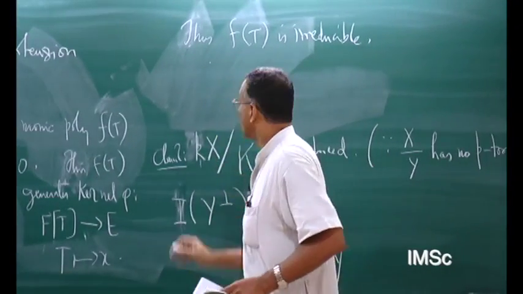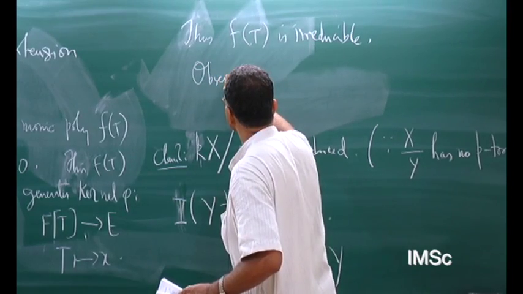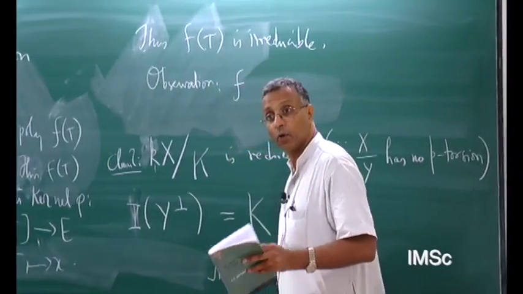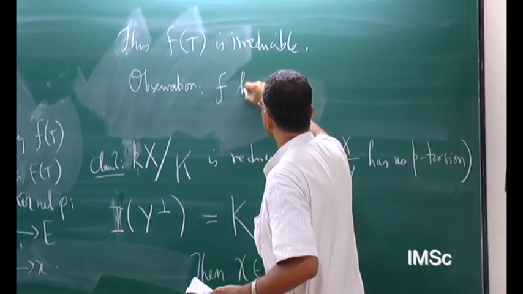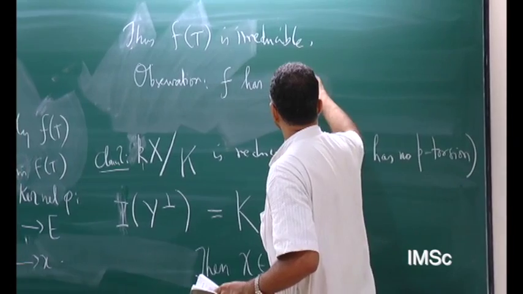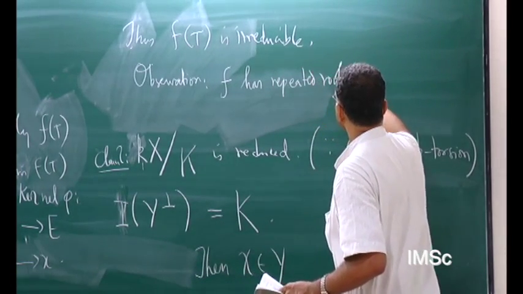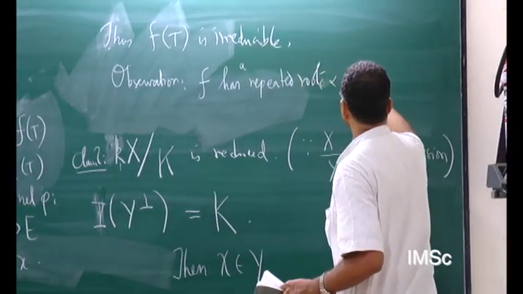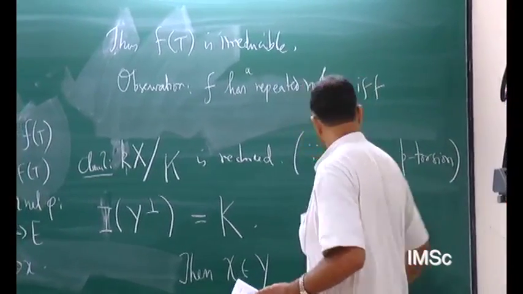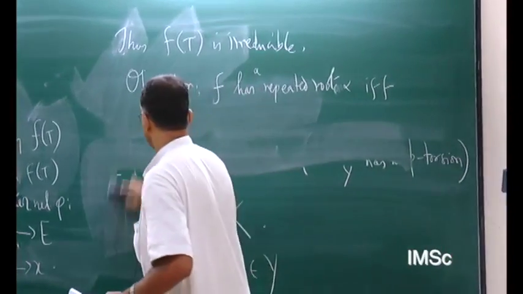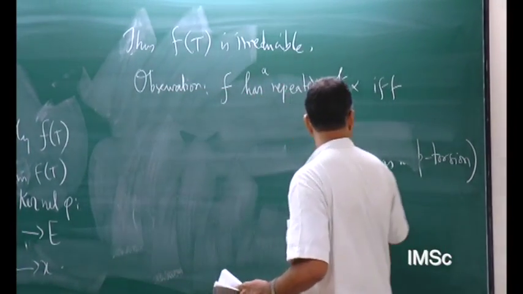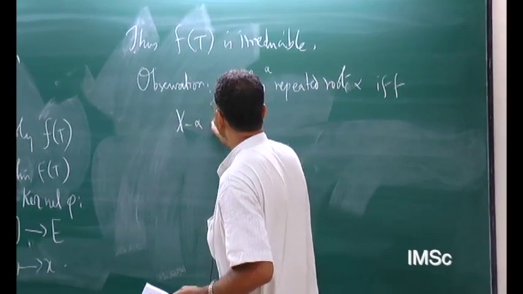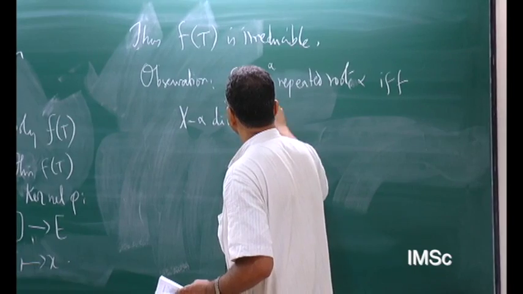The basic observation is that over any field whatsoever, f has a repeated root alpha if and only if x minus alpha divides both f and f prime.